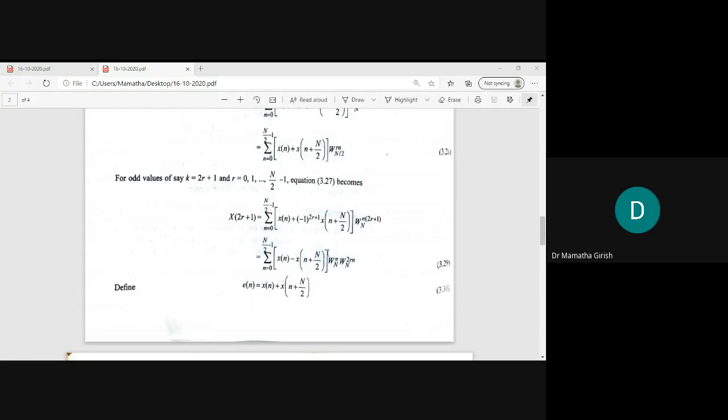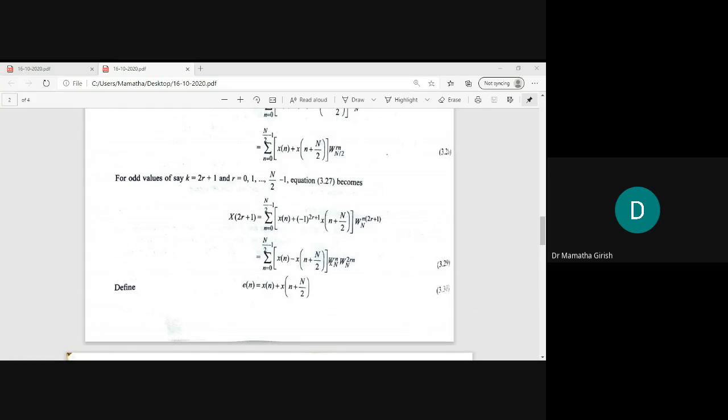X of n plus n by 2 as it is. And please note that over here, there are two terms as such. Wn to the power of n times 2r, that is this term, plus wn to the power of small n into 1 is wn to the power of n.